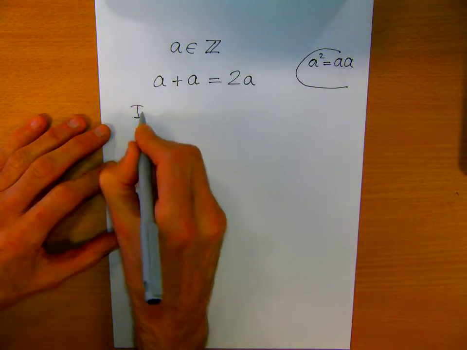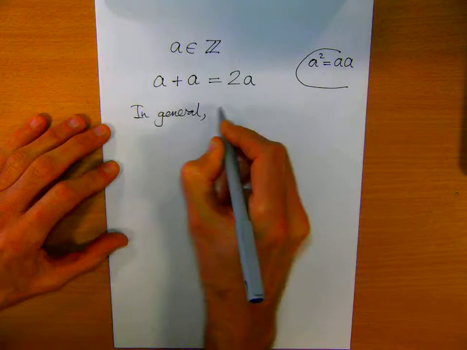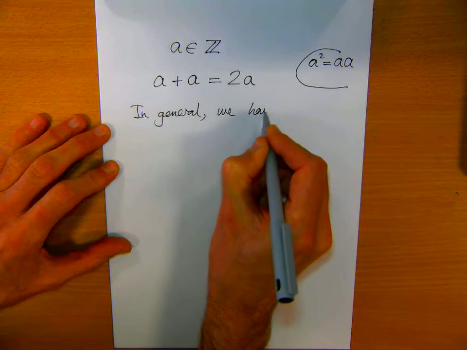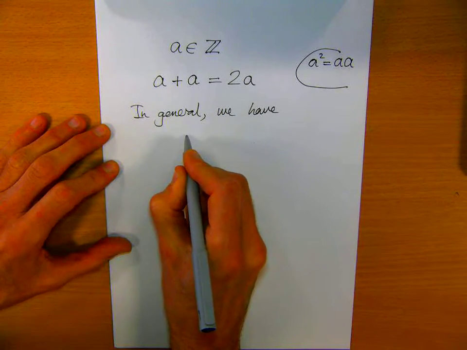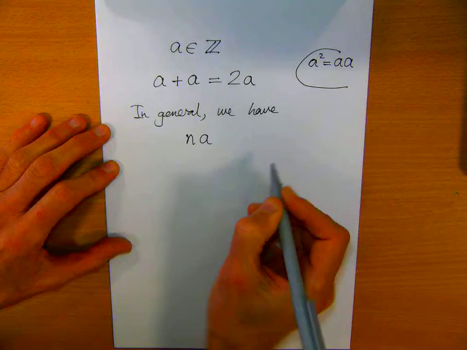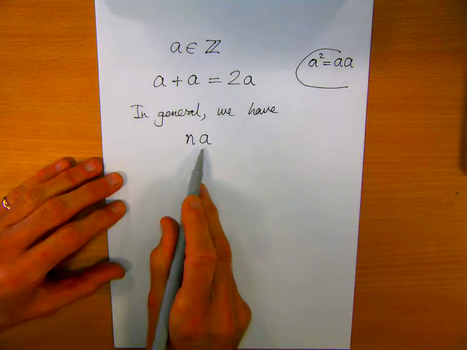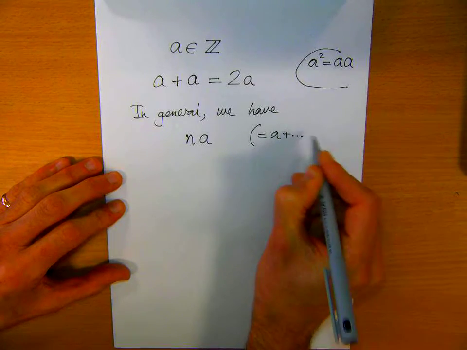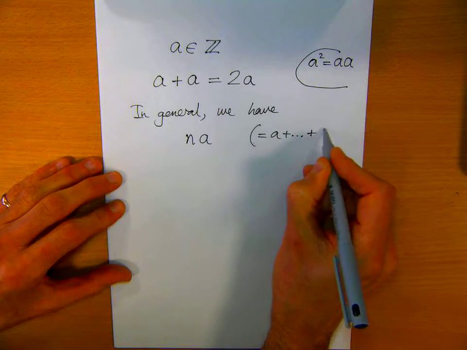So in general, we talk about, say, na, which means a plus a, n times, if n is bigger than 0.